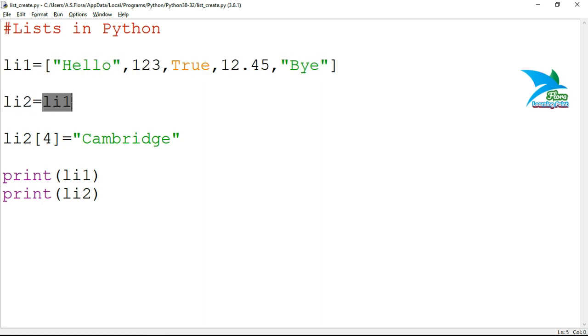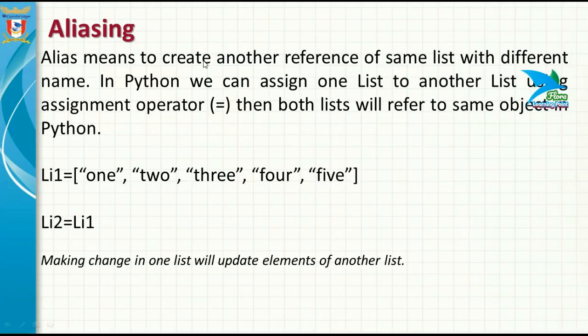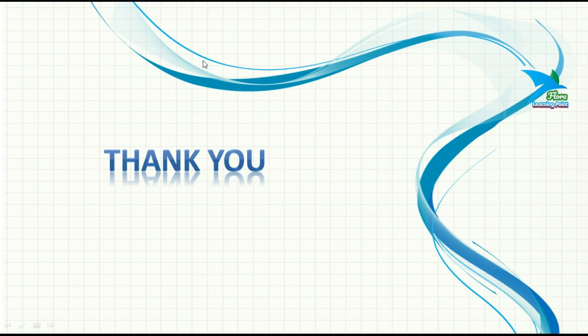If you make an alias of that particular list, it will create two names, one the alias and the other the actual name of that list, but both belong to the same memory location. So in this way you can assign an alternate name to an existing list by using the alias option.